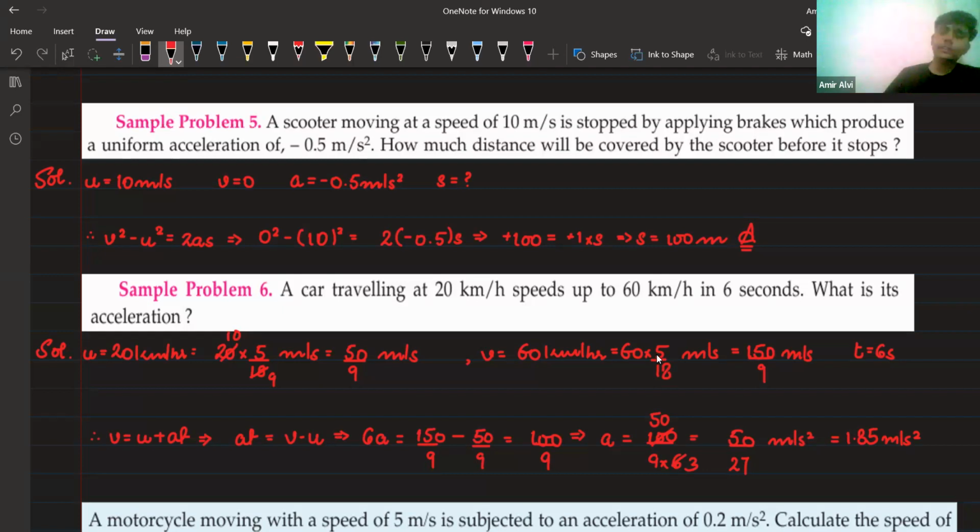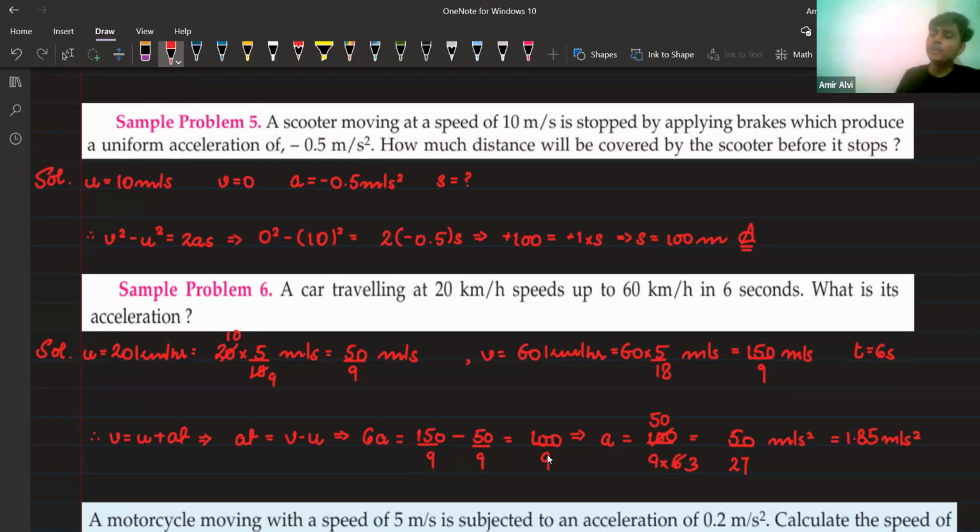Yes, Naisha, that is 50 divided by 3 meter per second. But the thing is, I have not simplified more and taken the denominator as same so that I don't have to take the LCM. I can just directly subtract them when I substitute into the equation. So 150 minus 50 by 9, the denominator would be the same, so the answer would become 100 by 9.